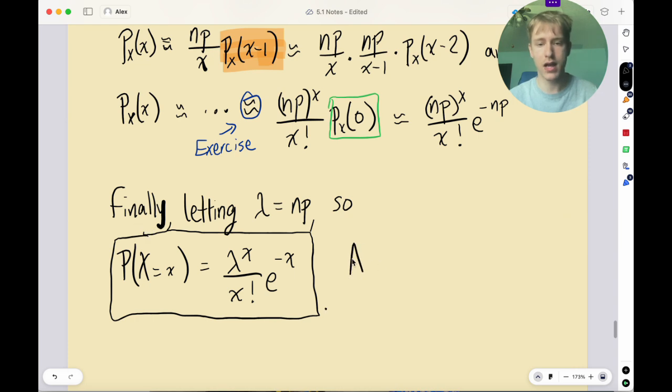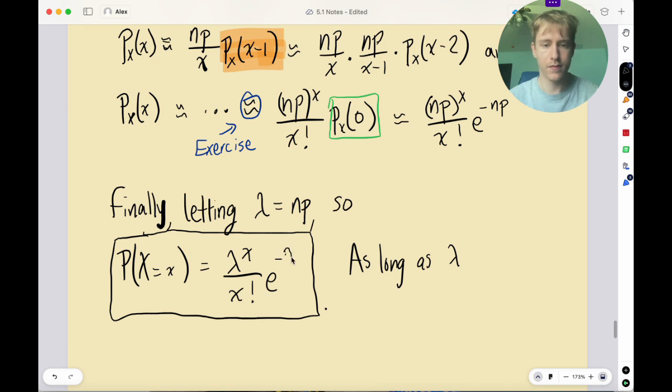Sorry, this is a lambda. Maybe x was a poor variable choice.